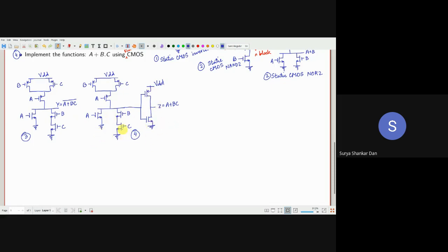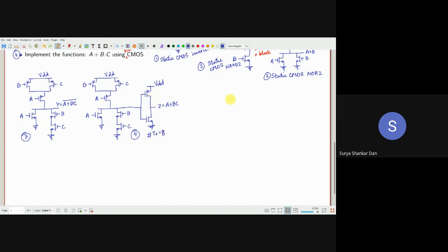This is a pretty good answer, but in practice you should never do this implementation. I will explain why in a minute. So just note that the number of transistors needed in this design is 1, 2, 3, 4, 5, 6, 7, 8.